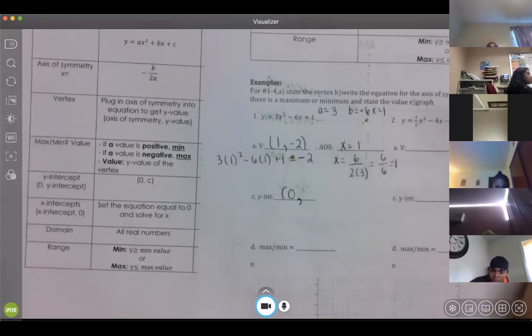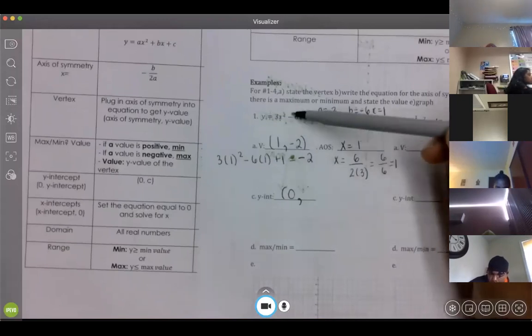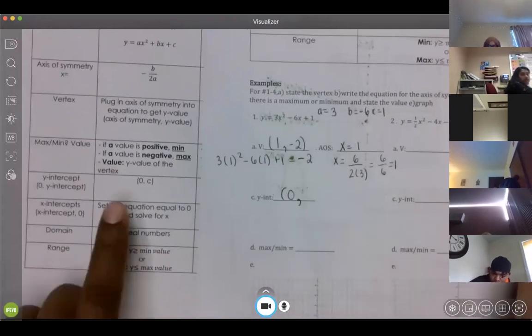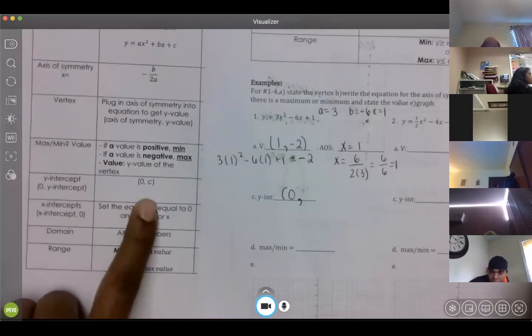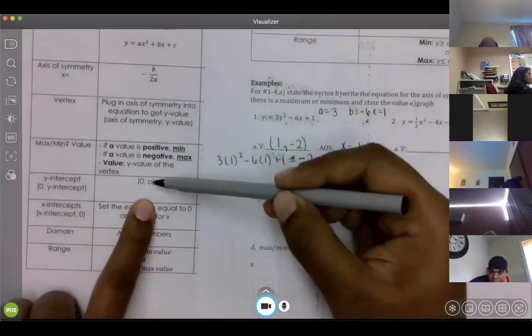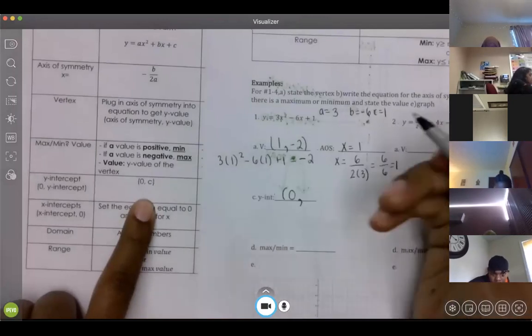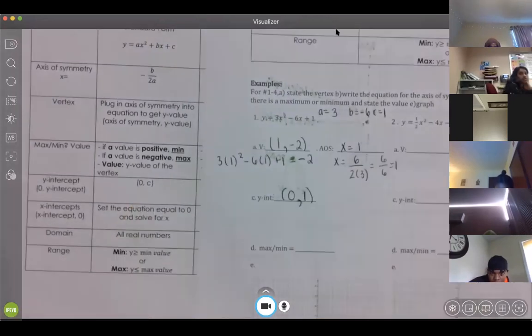If we plug in zeros for x, these two terms will disappear and all that's left is the constant. So the shortcut to find the y-intercept in standard form is the point (0, c). In this case, your c is 1, so it's (0, 1). Questions on part C?